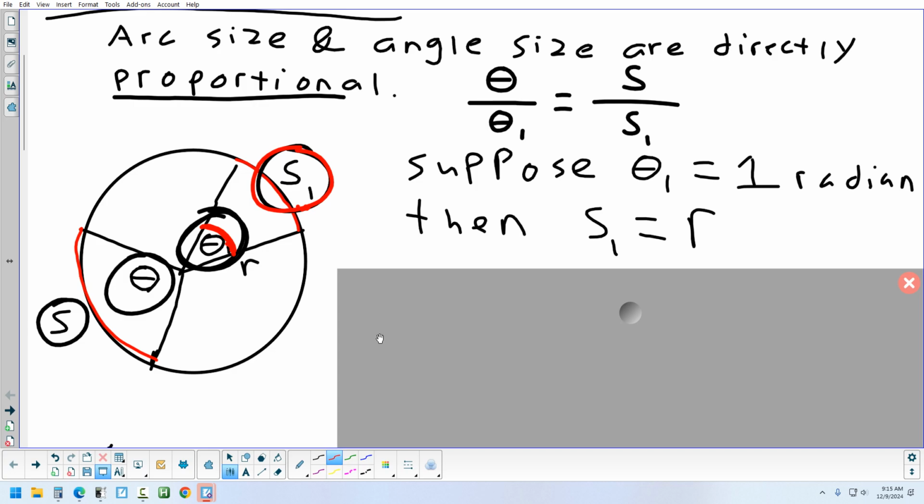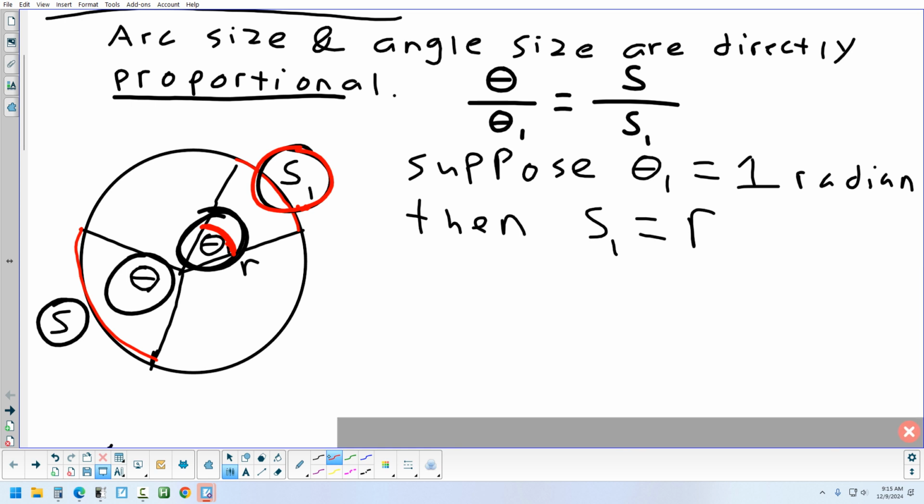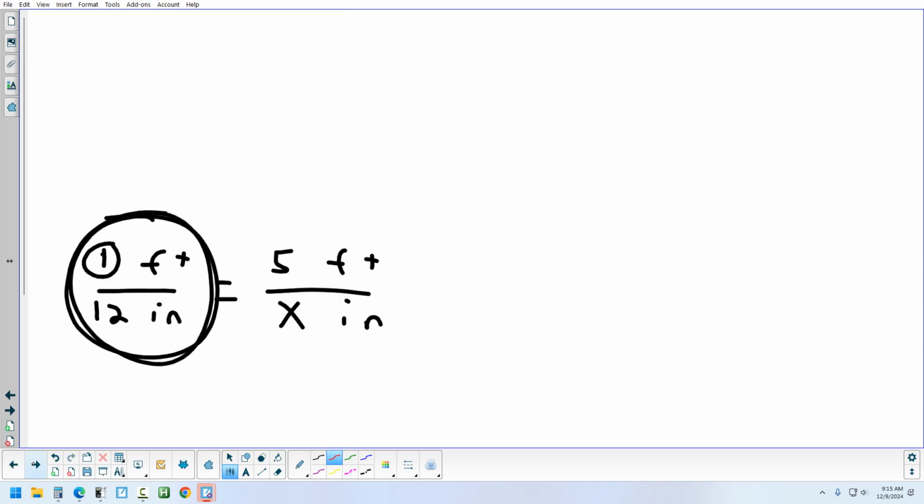So using that true fact, we can fill in some of our proportion and then cross multiply and see what we get. Okay, so let's fill in what we can. Theta, we don't know. That's going to be something that's given to us in the problem. Theta 1, we're going to let equal 1. Now, in the feet and inches problem, I plugged the true fact in all on one side. The way we're doing it, we're going to be plugging the true fact in on the bottom.